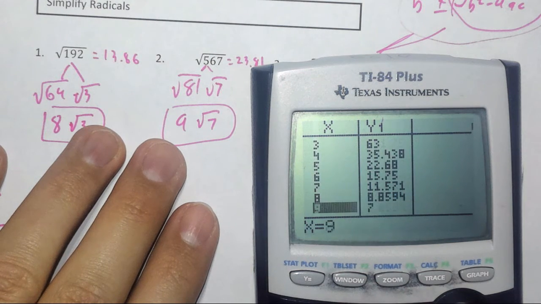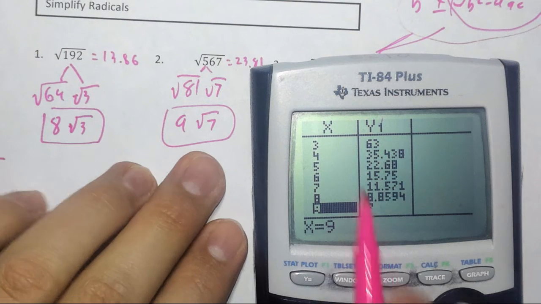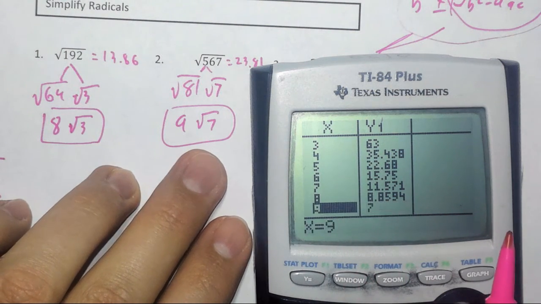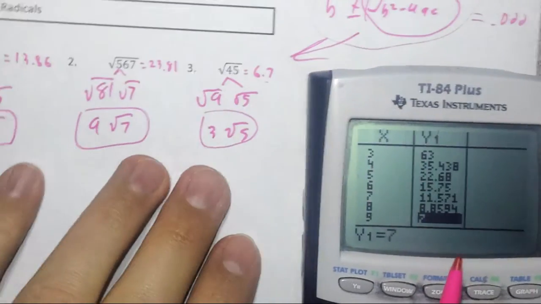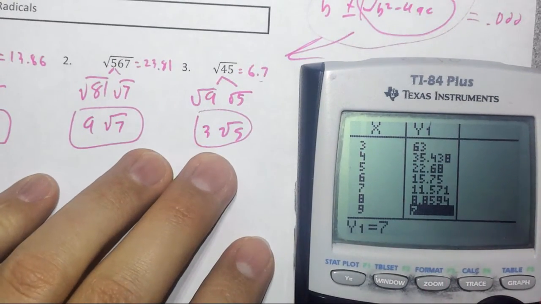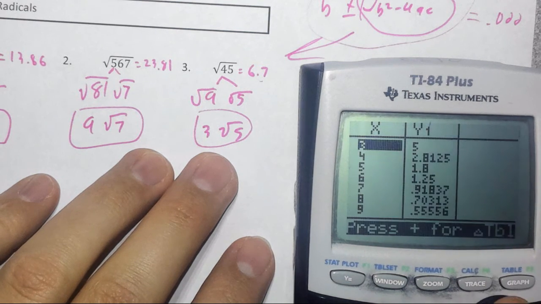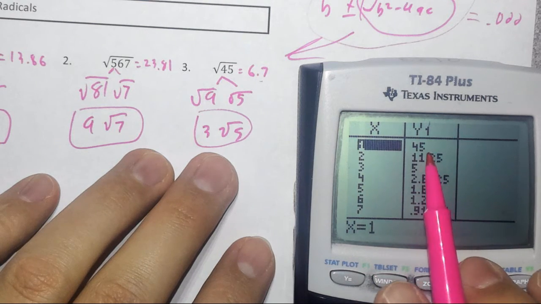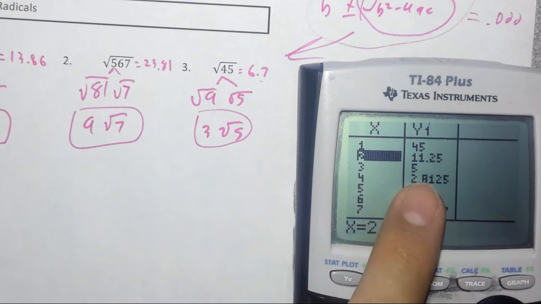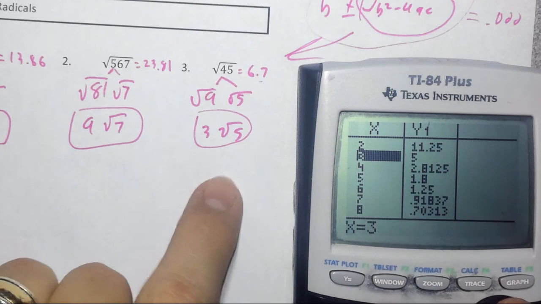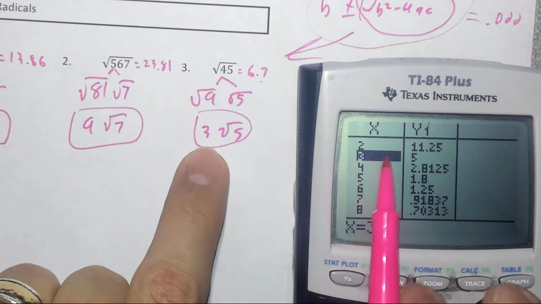We have 7, the smallest integer in the y1, and you see 9 square root of 7. And then we can do 45. We delete the old number, enter 45, and graph. Okay, 45, again, we don't use the 1, and we have 5. Is everything smaller? No, we passed 1, we're good. So 3 square root of 5.